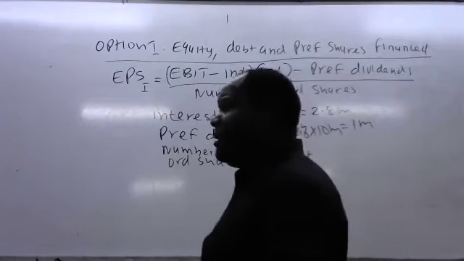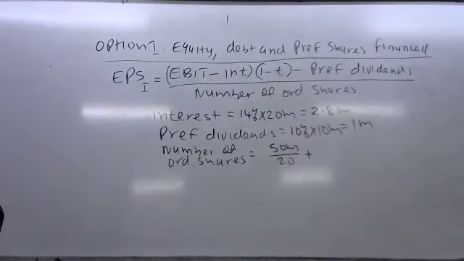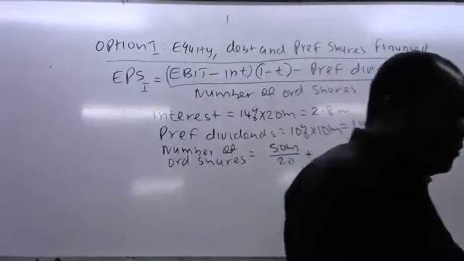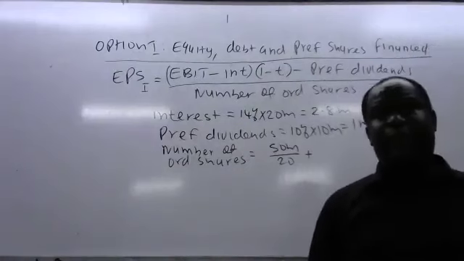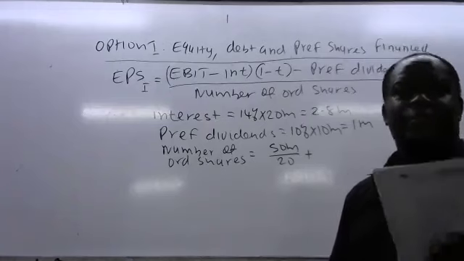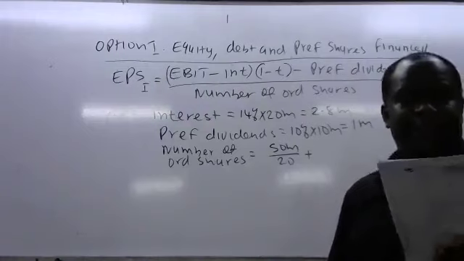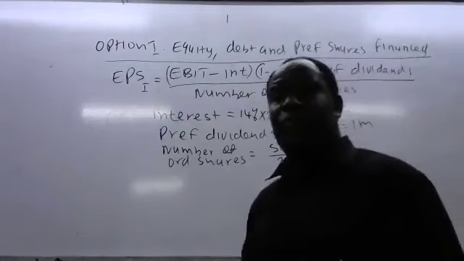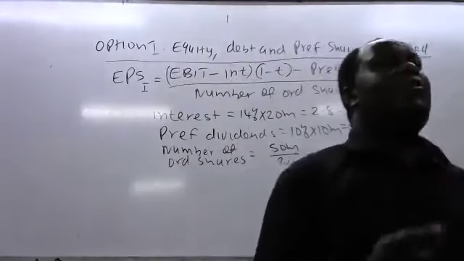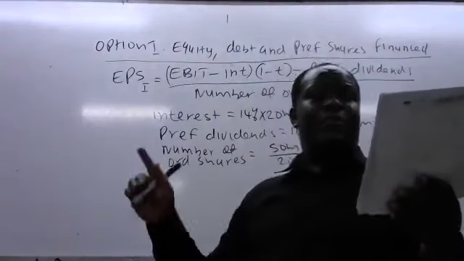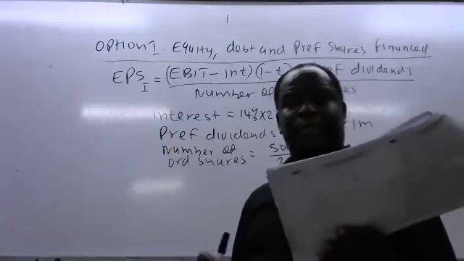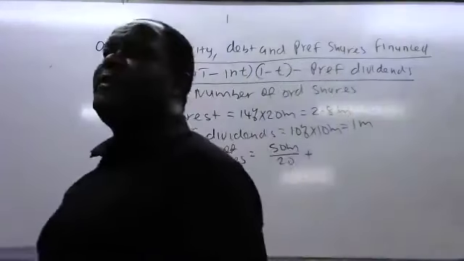But check also under option 1 in the question. They stated that under option 1, to raise all the funds, there is the issue of what? New ordinary shares. In the first paragraph, how much are we supposed to raise? We want to raise the 10 million. So under option 1, to raise the 10 million, we are issuing new ordinary shares at par. When you check in the capital structure, you can see the par value. It is how much? 20.